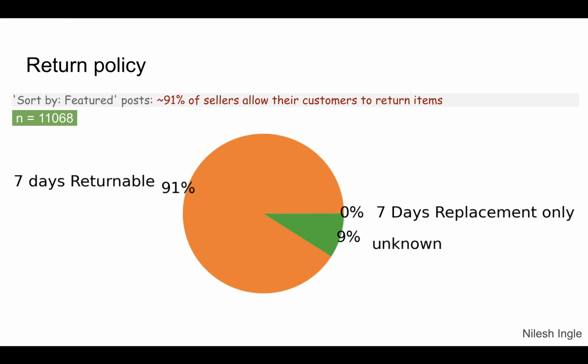So if I buy a toy from Amazon, and somebody I bought the toy for doesn't like it and I need to return it, then chances are that I'll be able to easily return the toy.